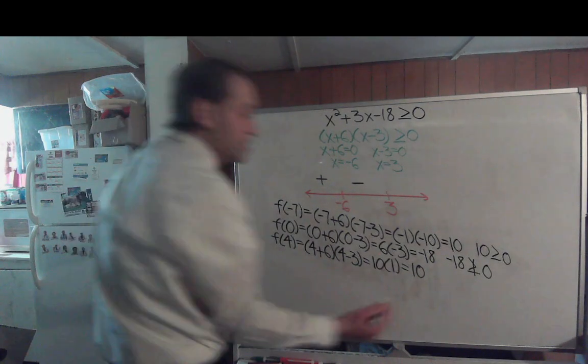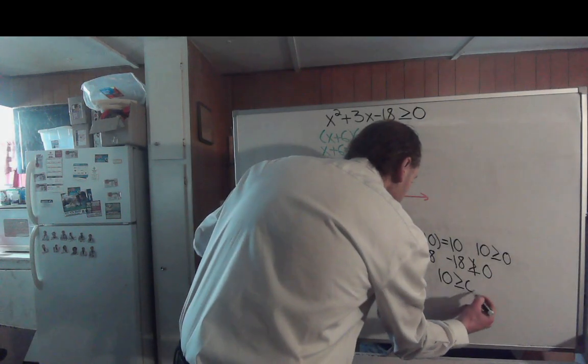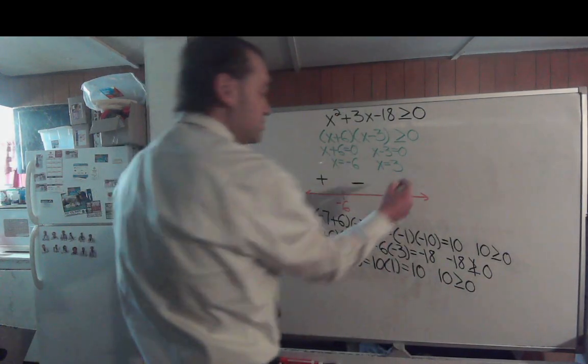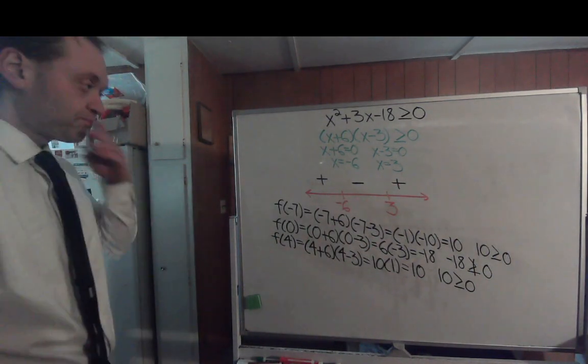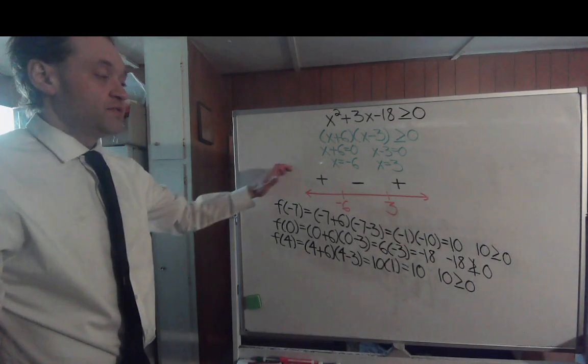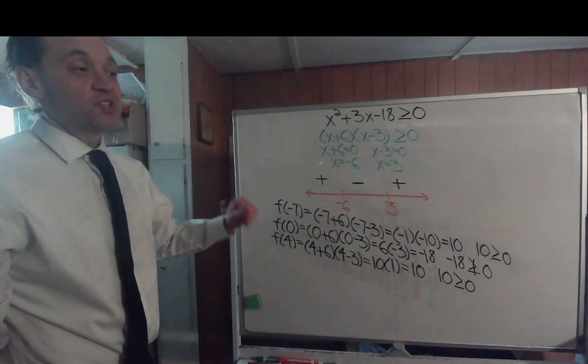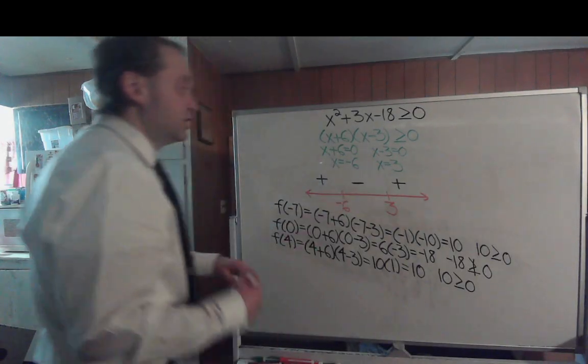Well, we actually do know that 10 is greater than or equal to 0. It's a positive result, so from 3 to infinity works, okay? So we're looking for positive intervals to solve this. Well, since it's greater than or equal to 0, it's going to be negative 6 inclusive.